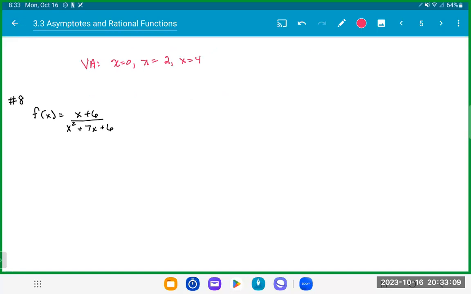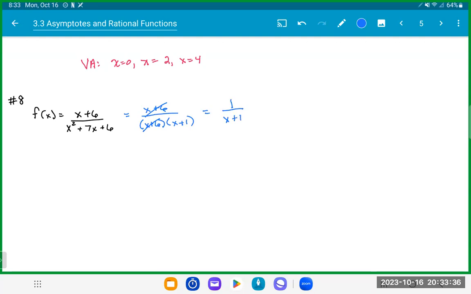Okay, so for this next problem, again, let's simplify. This is x plus 6 over, when I factor this, I get x plus 6, x plus 1. Notice I have the same term in the numerator and the denominator, so I can cancel those out and simplify this to 1 over x plus 1.